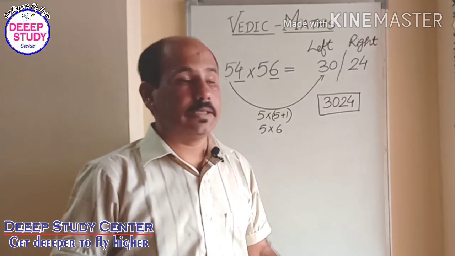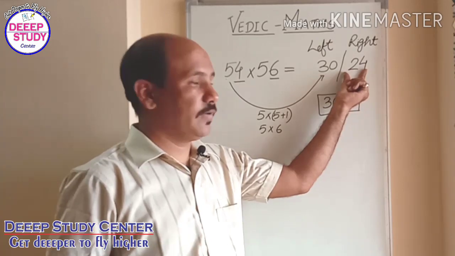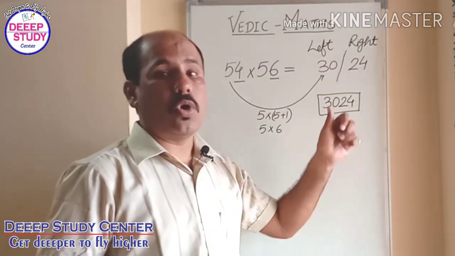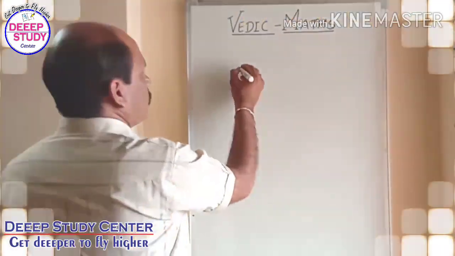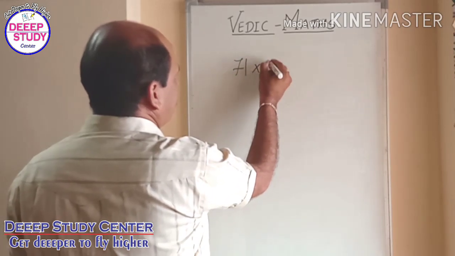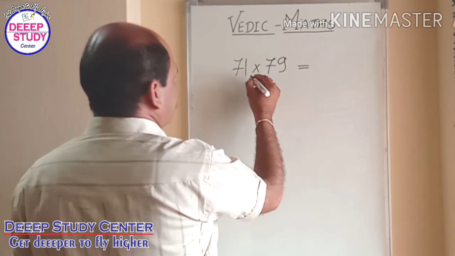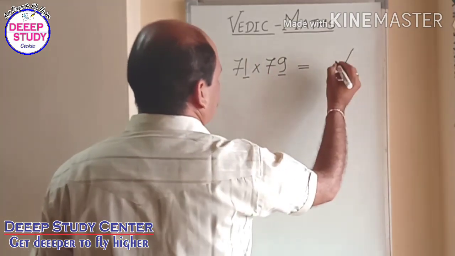Also remember that the right part must always have two digits. If there is only one digit in the right part, then always put 0 on the left side. Let's take an example of this. Suppose we have to multiply 71 with 79. So first we multiply 1 into 9 for the right part.